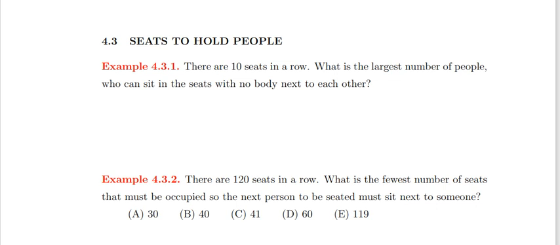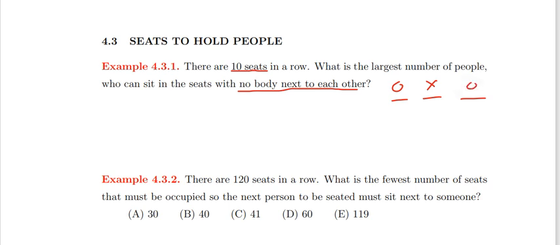So now for this problem, suppose we have 10 seats, and 10 people can sit there. But suppose they have a requirement that nobody sits next to each other. This means if I sit here, I hope there is no one next to me.